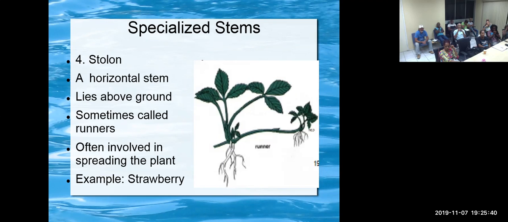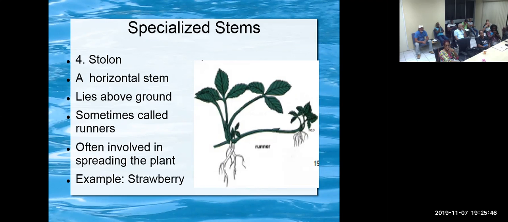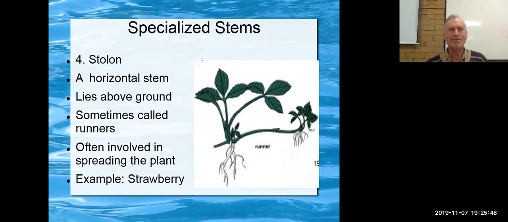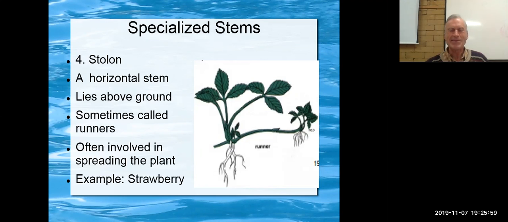That would be an example. Yes, that's what happens. So sweet potato would be another example. Yeah, sweet potato can do that. I mean, this is a strawberry plant. Watermelon? Yeah, sometimes those do.